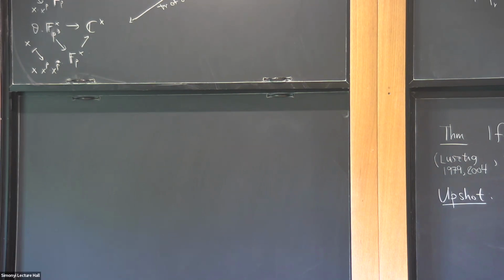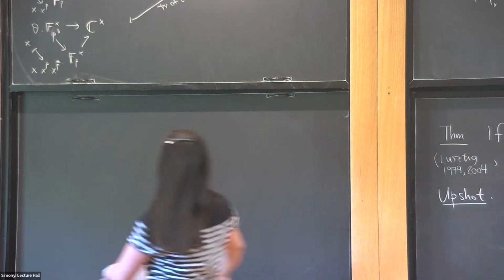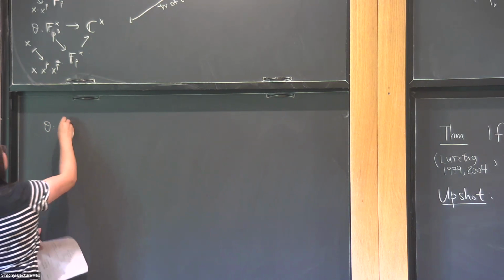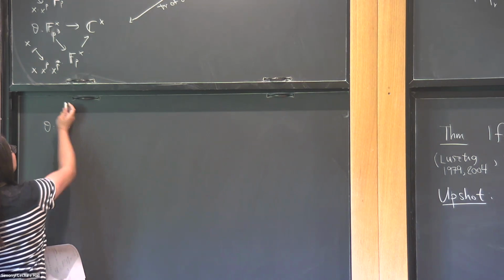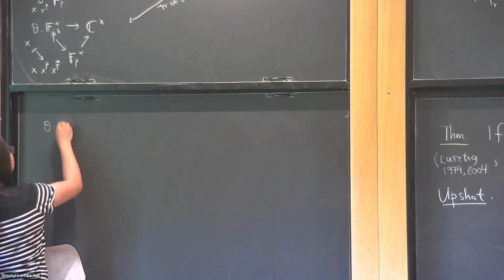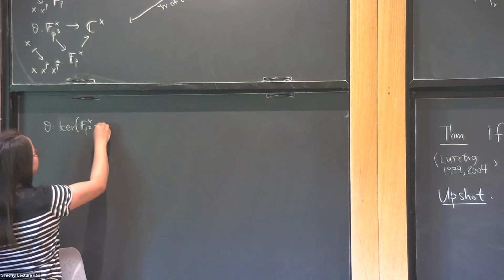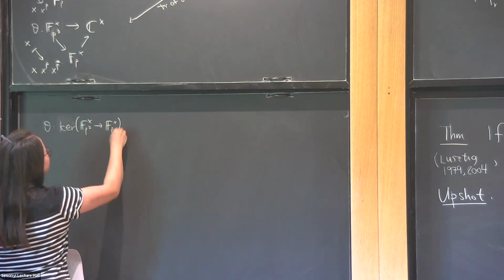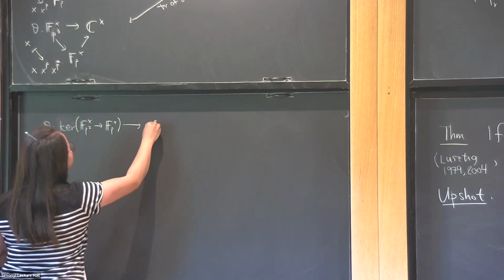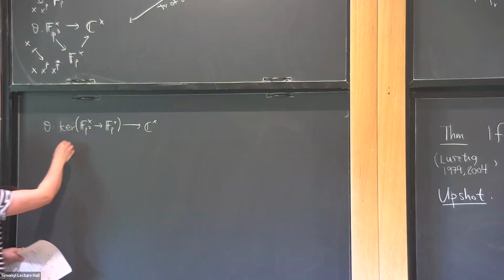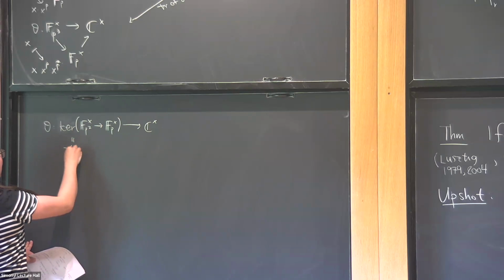So I told you that this picture should also know about T prime. So let's do T prime. T prime is a little bit funny, right? T prime goes from the kernel of FP squared star to FP star, and it maps to C star. That's this guy, right? This is what I would call T prime of FP.